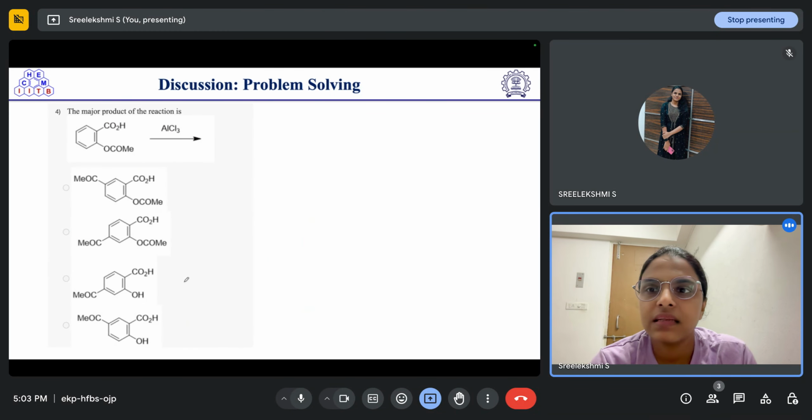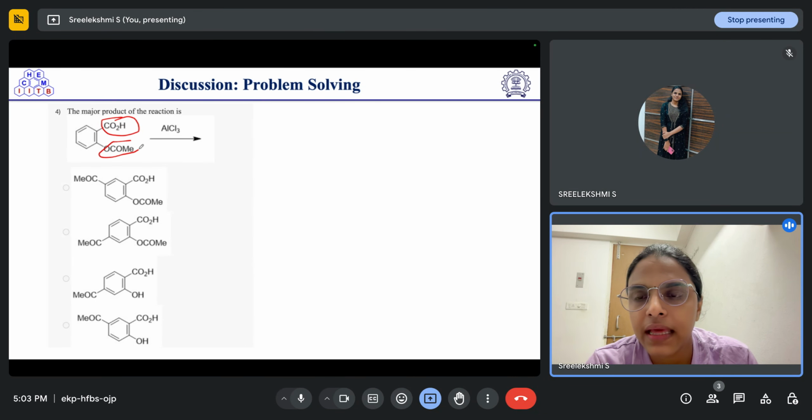Moving to the fourth question, the major product of the reaction. Here one acid group is there and here an ester is there.